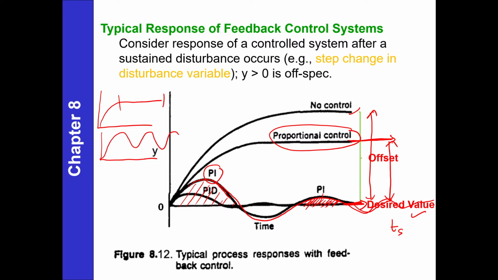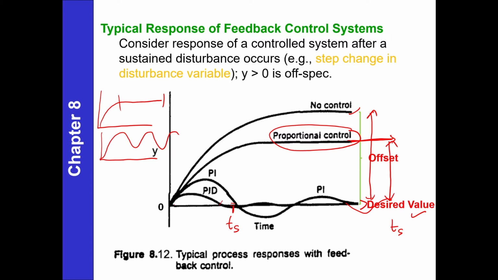When we have a derivative mode, the error is further reduced and the response is fastened. How do we know the response is fastened? Because from here, it can be considered a settling time already. You have to check the definition of settling time if you are not sure.